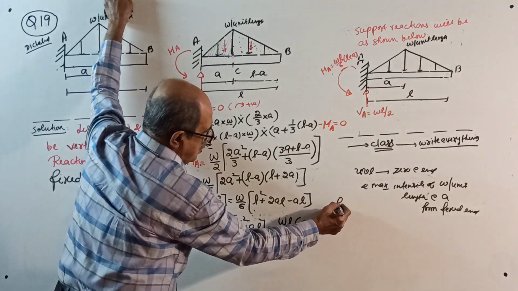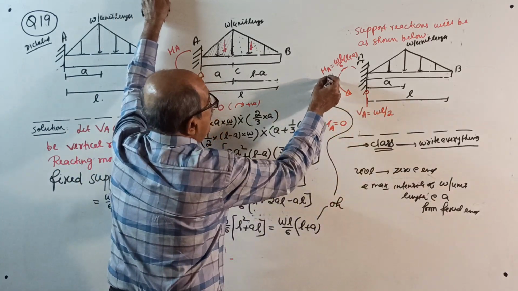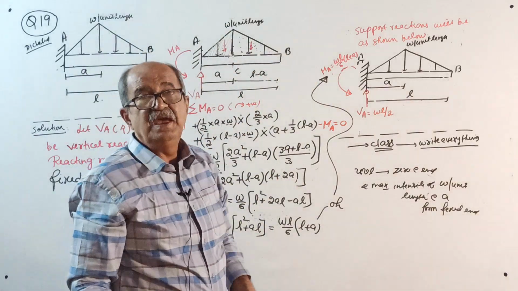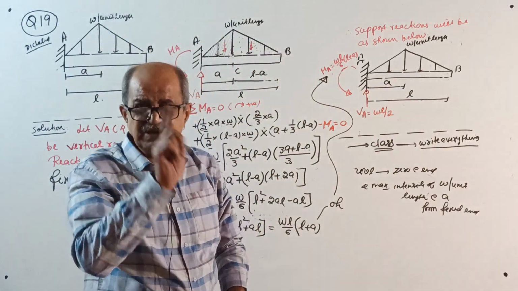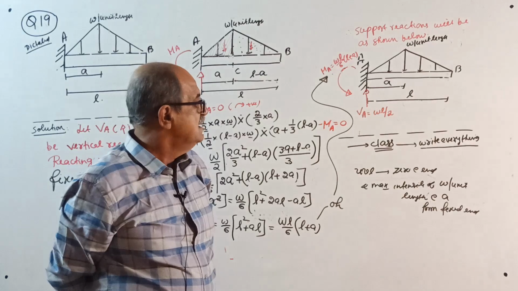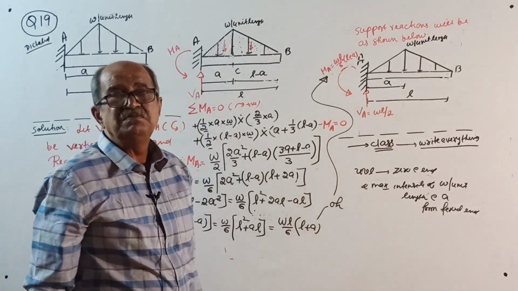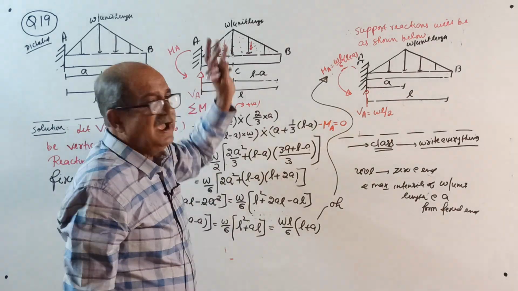Same answer came. It has to come. Otherwise, mathematics has no meaning. See, I'll tell frankly with you, I never practiced this one. I just started. I wrote in front of you.